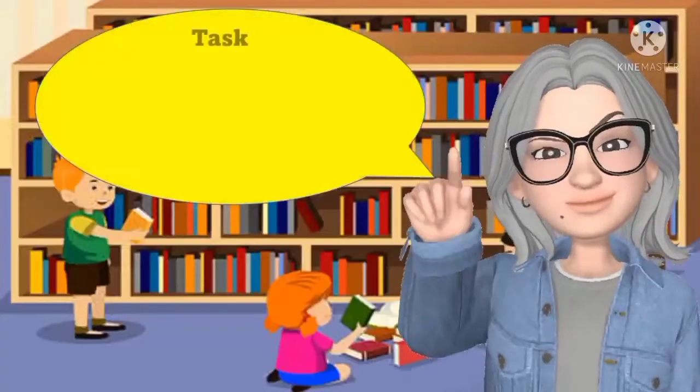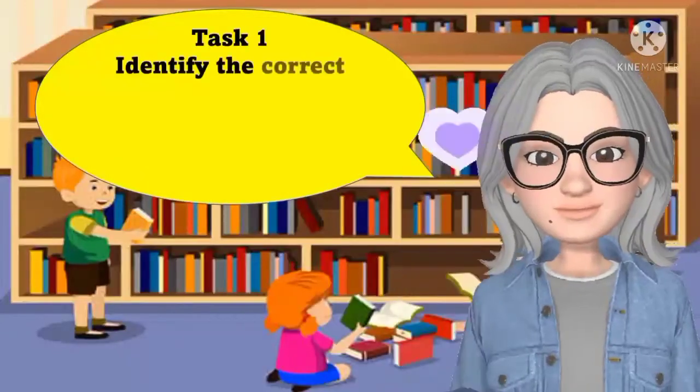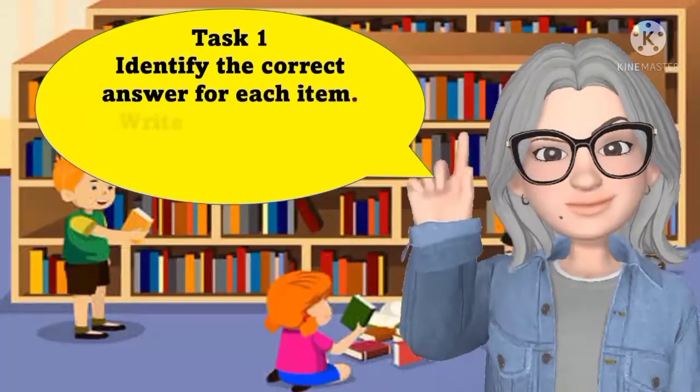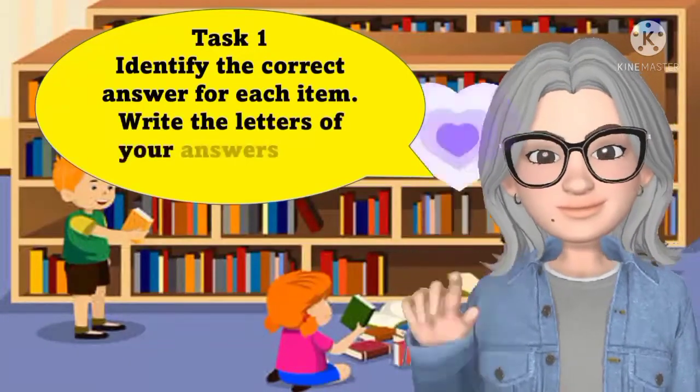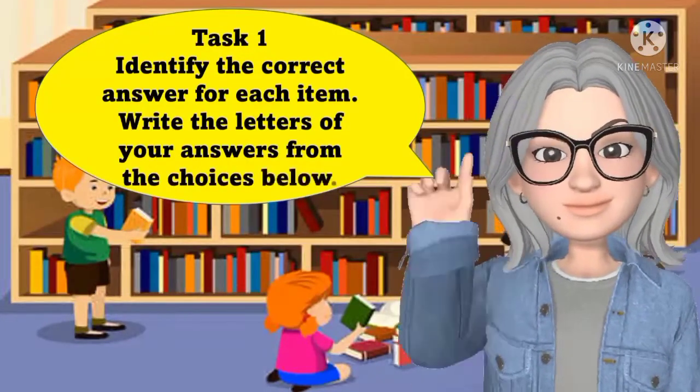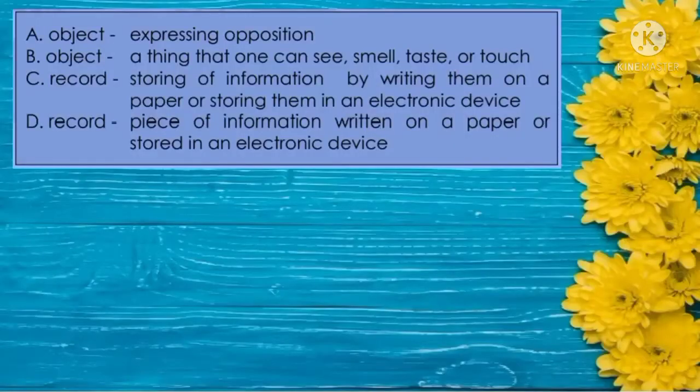We will go directly to task 1. Identify the correct answer for each item. Write the letters of your answers from the choices. The choices are letter A, object, expressing a position. Letter B, object, a thing that one can see, smell, taste, or touch.